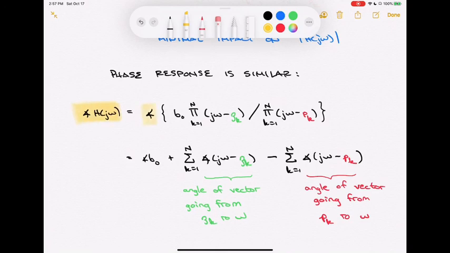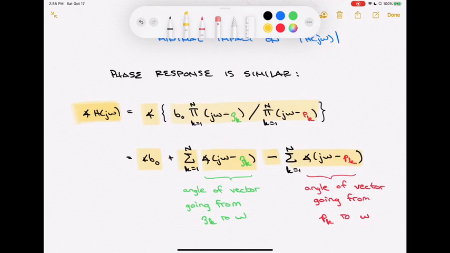Well, it's going to be the phase response of that factored form. We saw that. But what we get is basically the phase of B0, and then we add all the phase components going from the zeros to the frequency of interest, and we subtract from that, because it was in the denominator, a sum of all the phases going from the poles to the frequency of interest. Again, this is derived in the book.